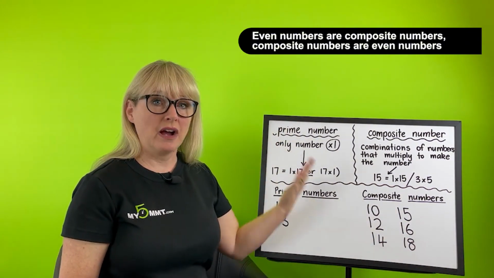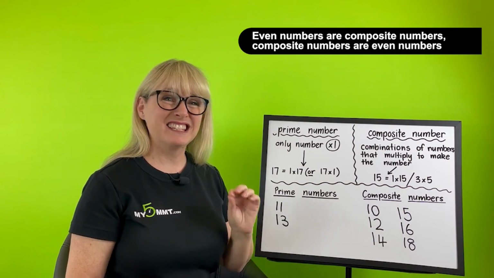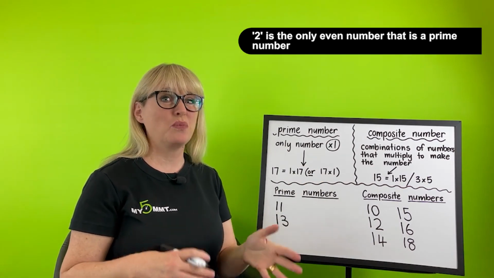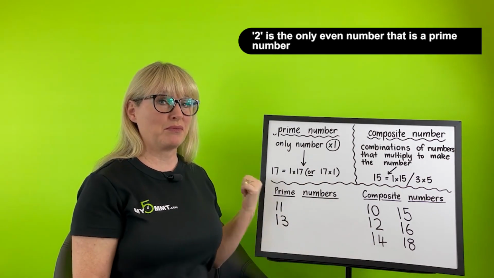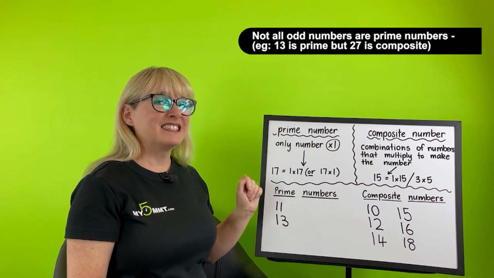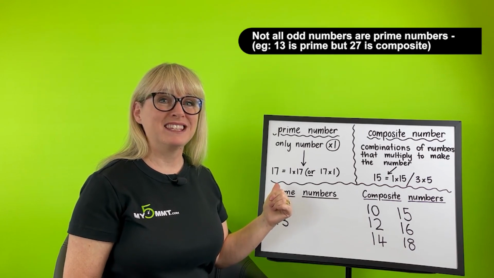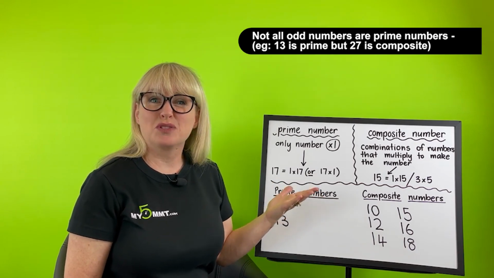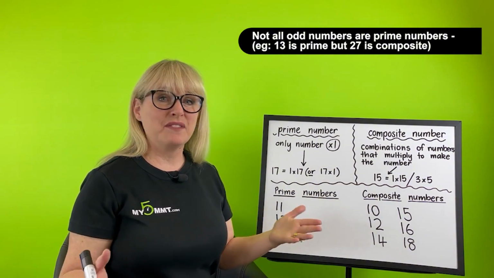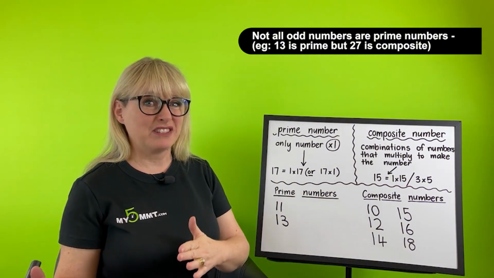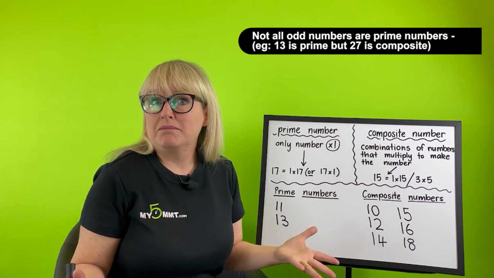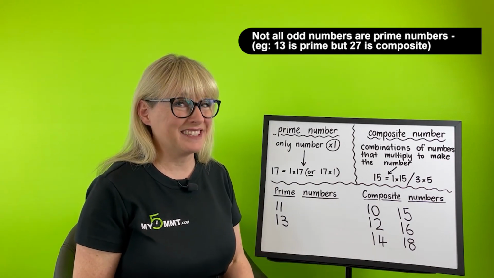We can think of even numbers as composite, except for the number 2, because we can only do 1 group of 2 or 2 groups of 1, it's prime. But it doesn't instantly mean all of our odd numbers are prime numbers. We could have, for example, the number 27, and 27 is 3 groups of 9. So we've got an odd number, but it's a composite number.